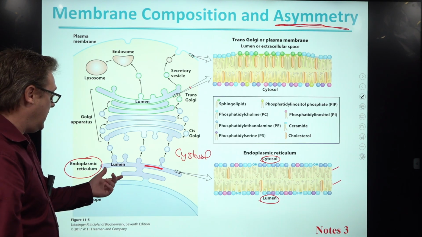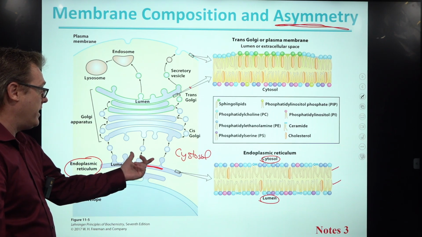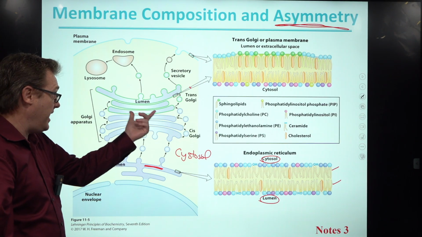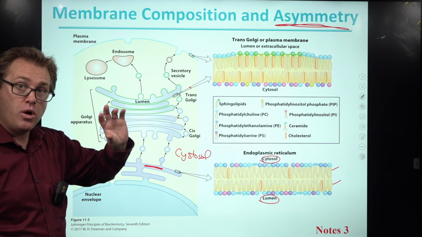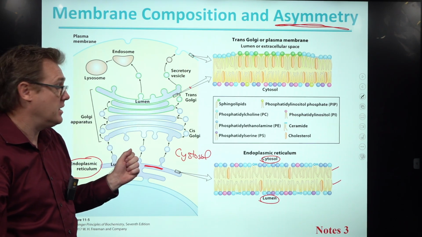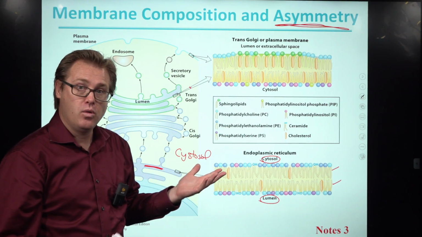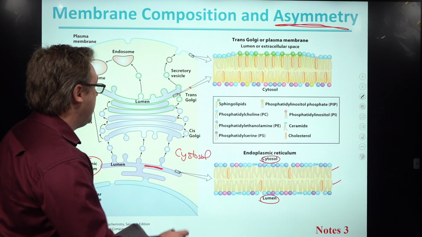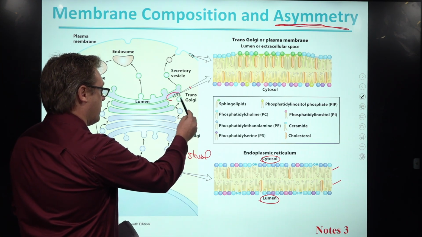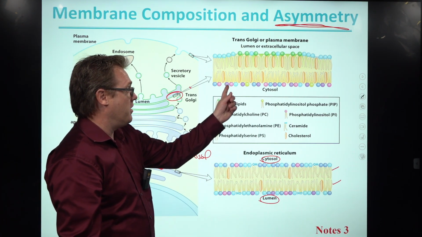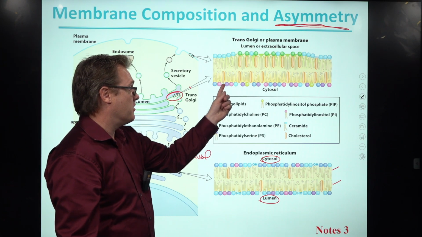Now, as the membranes travel to the Golgi apparatus, it's here where they can undergo the asymmetry, where things can get changed around to help determine where it needs to go. Now, when we come and look at this part right here, you can see that we're calling that the cytosol.